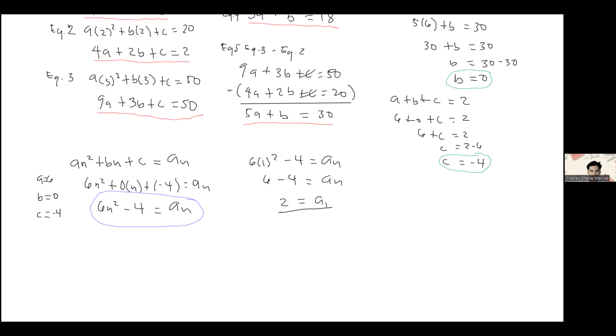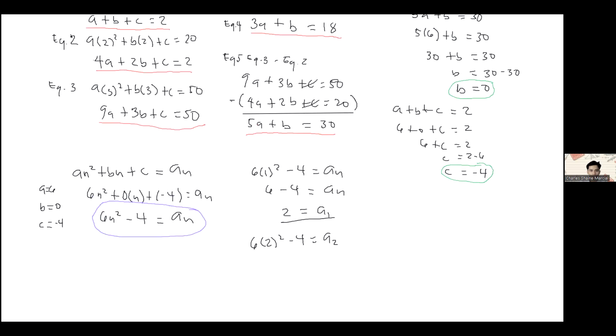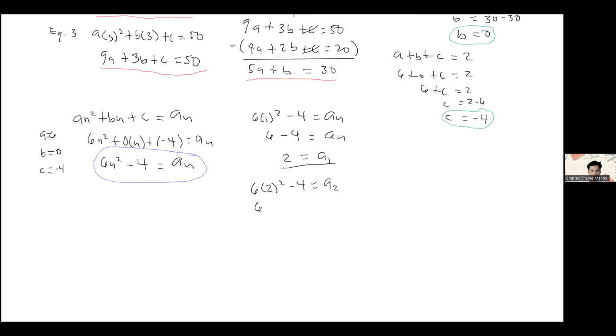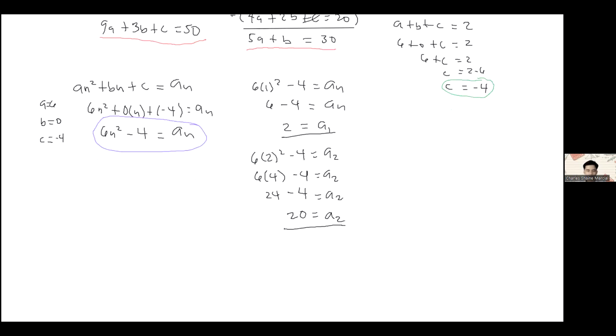For second term naman, we have 6 times 2 squared minus 4, a sub 2. 2 squared is equal to 4. So we have 6 times 4 minus 4. 6 times 4 is equal to 24 minus 4. Then that is equal to 20. Okay, so tama naman yung first term and second term. So obviously yung third, fourth, and fifth, and so on, the same pa rin yung value niyan.